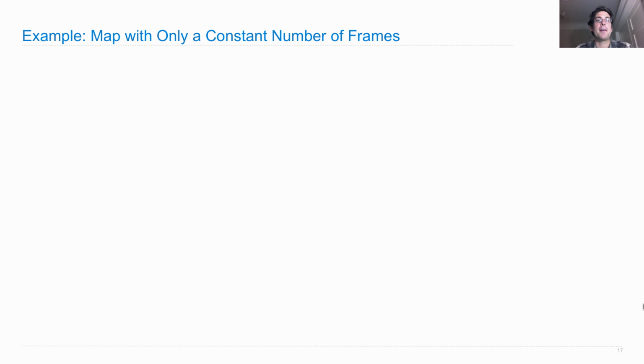Okay, now let's talk about how to map with only a constant number of frames. Map is a function that applies a procedure to every element in a list and constructs a list containing all of the results. So let's come up with the most natural version to define map, and then we'll kind of come up with a tail recursive version.